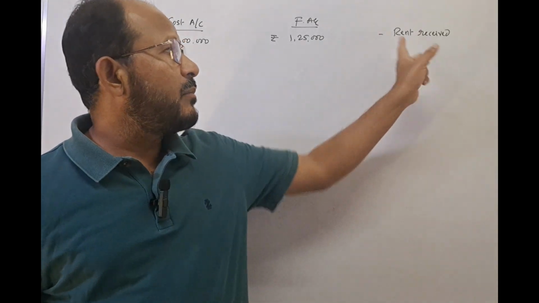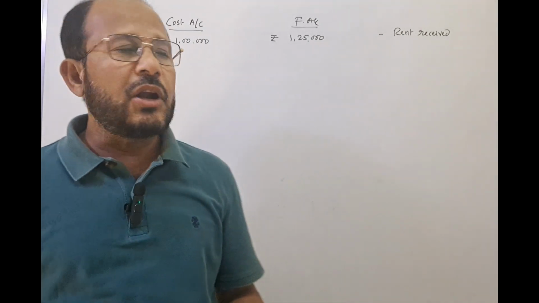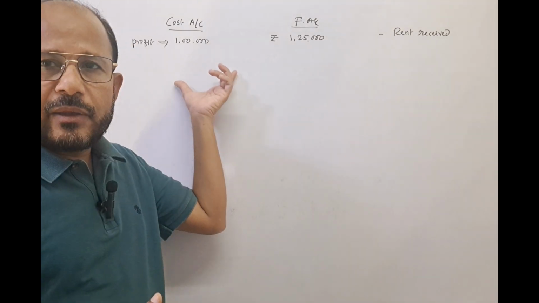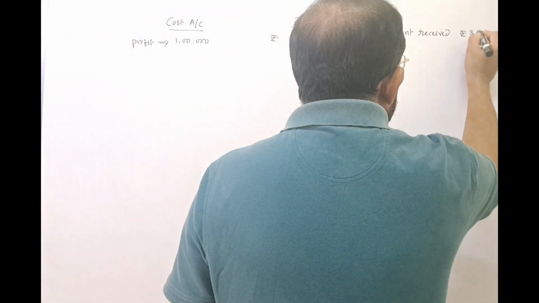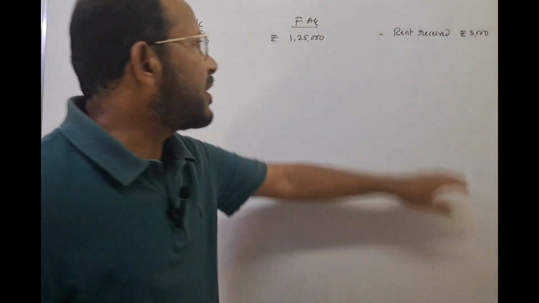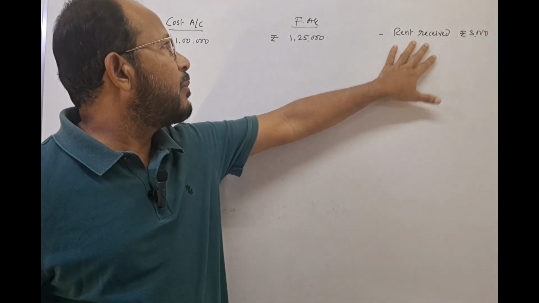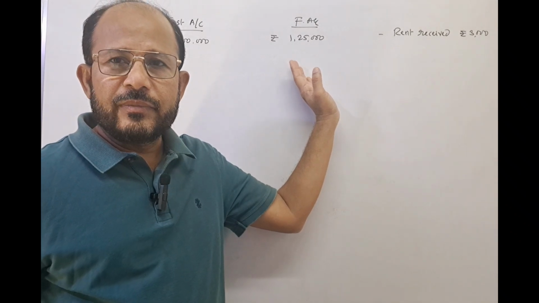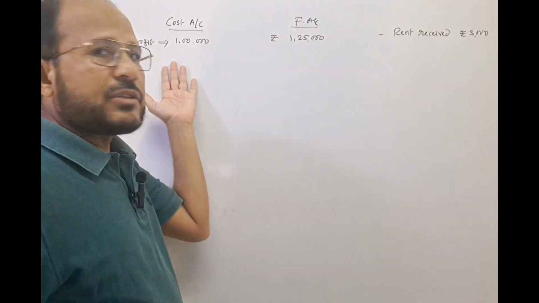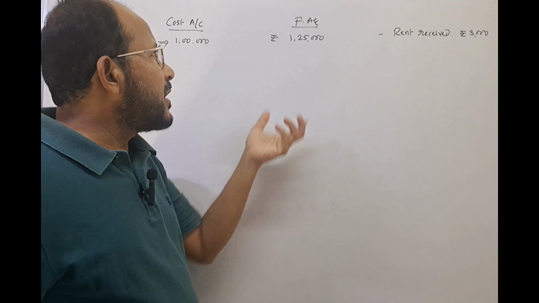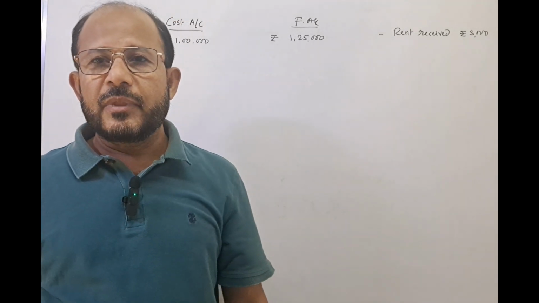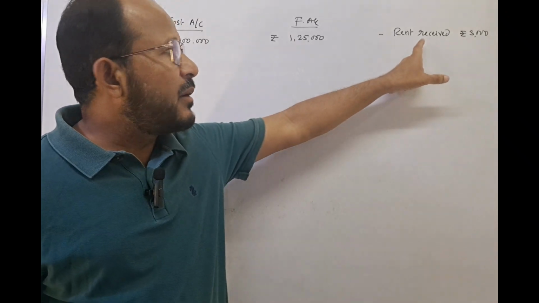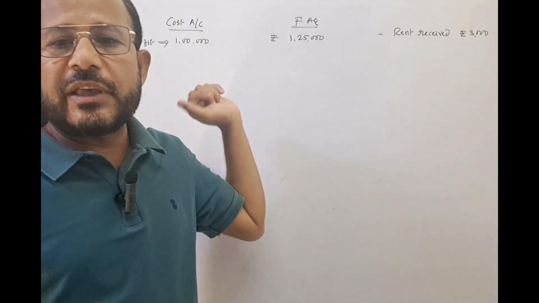But this item is not recorded in cost accounting. You take for example the amount is rupees 3,000. Then this rupees 3,000 is recorded as an item of income in financial accounts and not recorded in cost accounts. It is quite obvious that the profit as per financial accounting increases. See, this entry is not made in costing records.